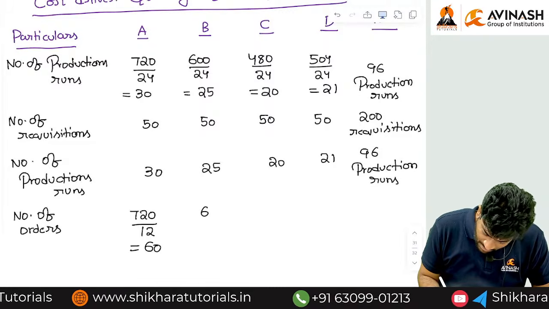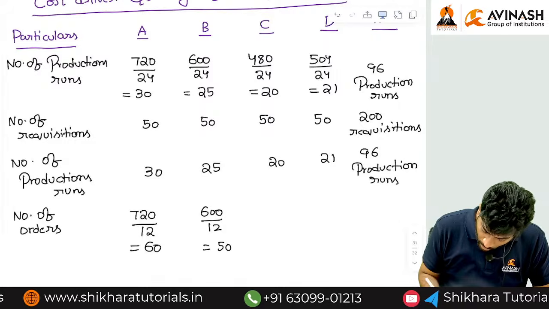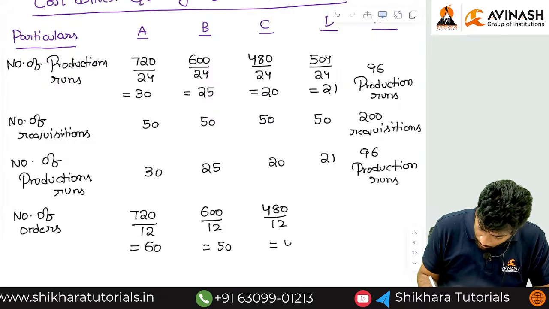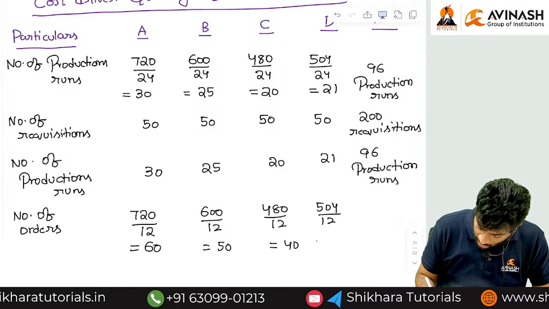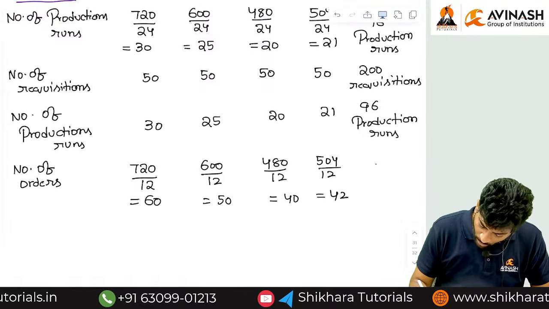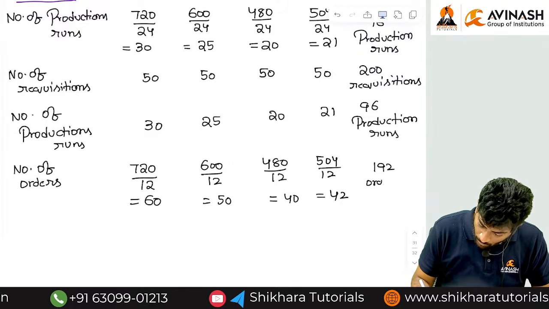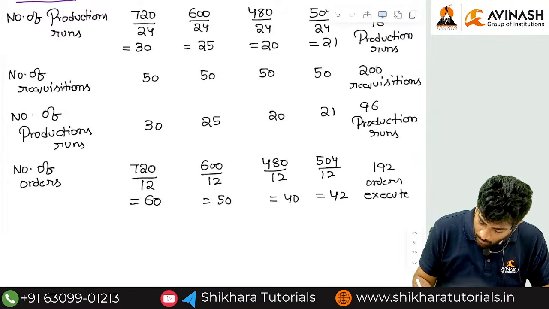Next one, 600 divided by 12, 50. 480 divided by 12, 40. 504 divided by 12, 42. You can make a total, you will get 192. Clear?